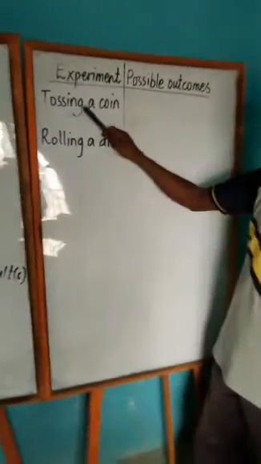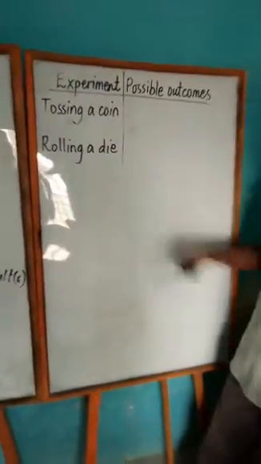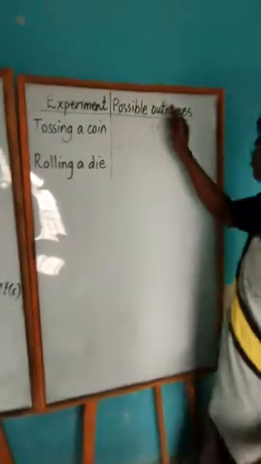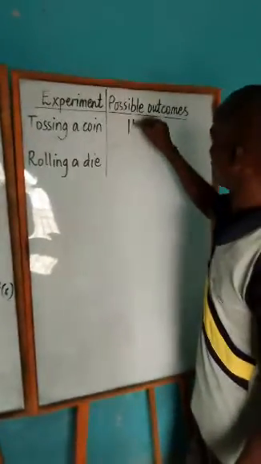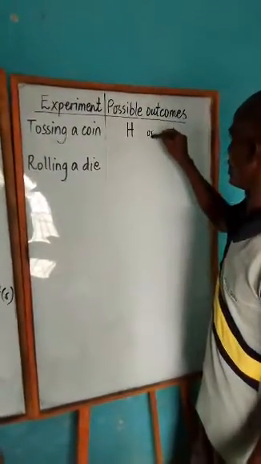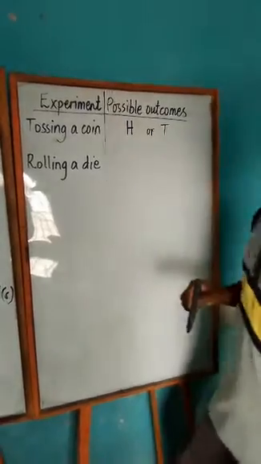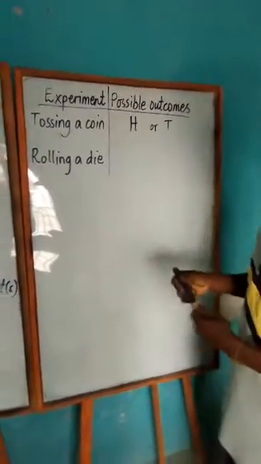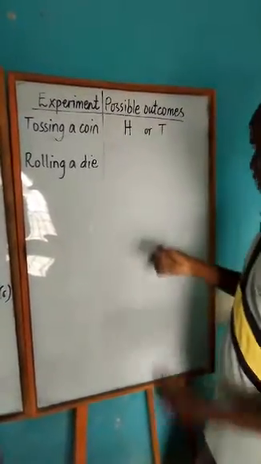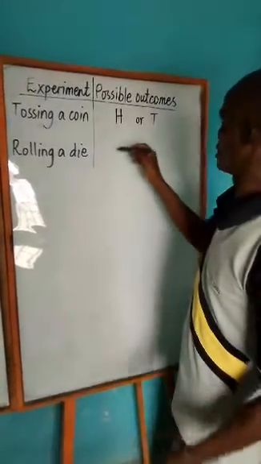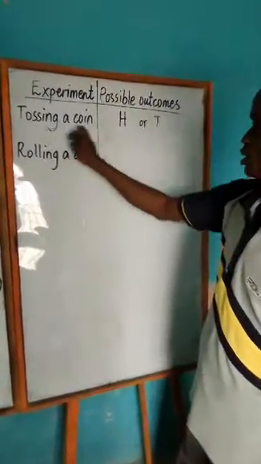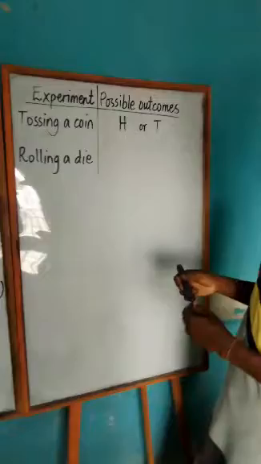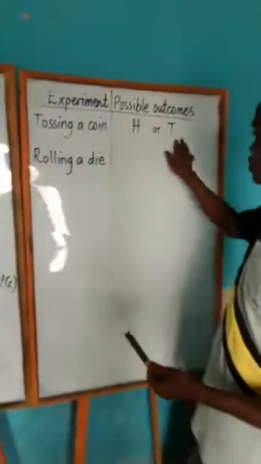Look at this table. You have the experiment tossing a coin or flipping a coin. The possible outcomes are, you can either have a head or a tail.